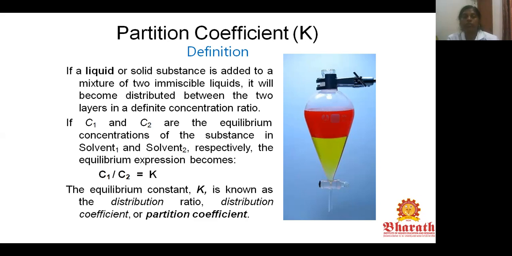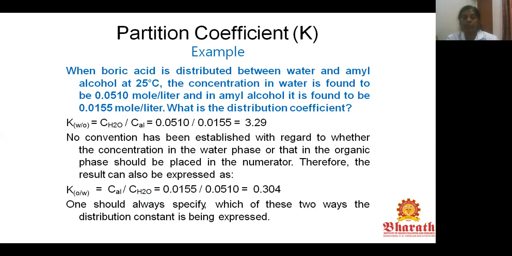The partition coefficient can be explained with an example. When boric acid is distributed between water and amyl alcohol at 25 degrees Celsius, the concentration in water is found to be 0.0510 mole per liter, and in amyl alcohol it is found to be 0.0155 mole per liter. What will be the distribution coefficient? When we simplify it, we get 3.29.